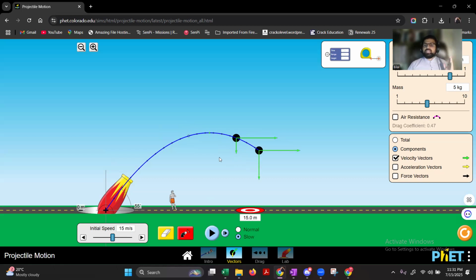Initially, the vertical velocity was in the upward direction, but now as the ball is coming downward, the vertical component of velocity will change and become downward. So the closer the ball is to the ground, the higher its vertical velocity will be, but the x component of velocity will remain the same.